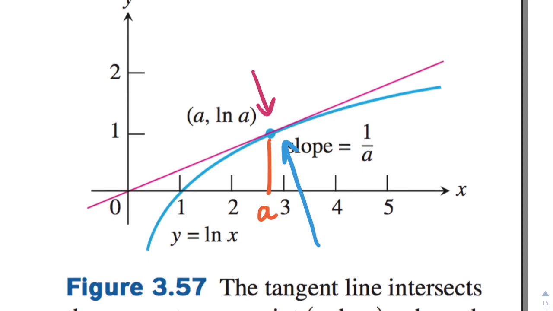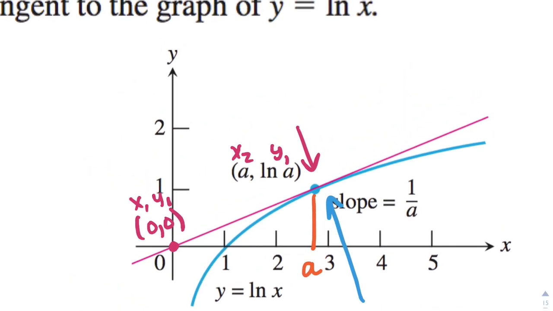What I do know is I can find, here's my x and y. That's my x1, y1: 0, 0. And at a, comma, output, I don't know what my output is. All I know is it's ln of a. I'm going to call this x2, y2.